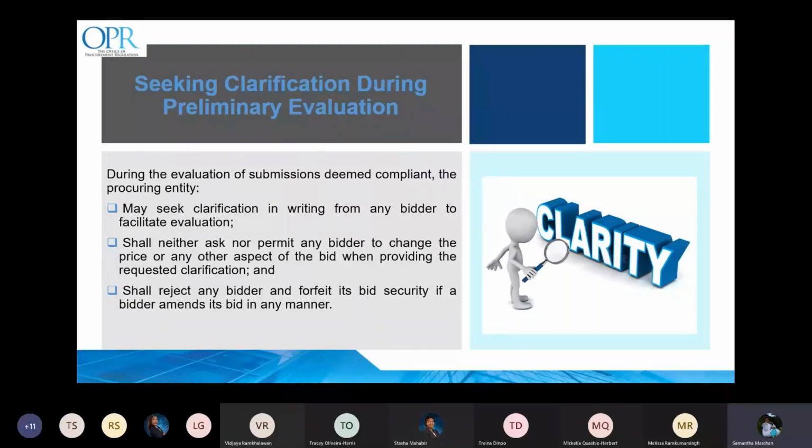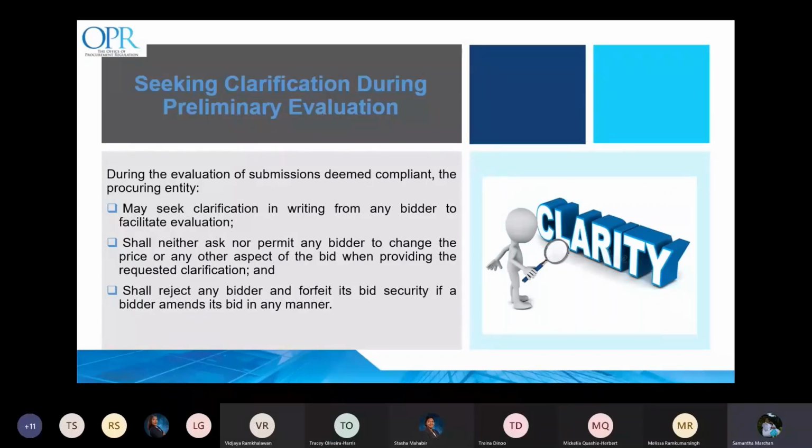There's often a fine line between gaining clarification of existing information and allowing a bidder to modify or add to the existing bid submission. Of note, the evaluation committee shall neither ask nor permit any bidder to change the price or any aspect of the bid when providing the requested clarification.